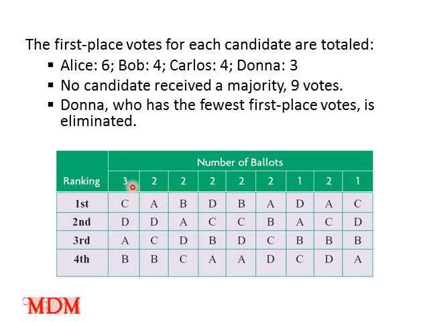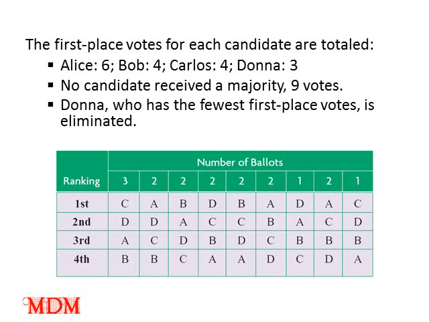Here, Carlos has 3 first place votes, and here, Carlos has 1, for a total of 4 first place votes. Donna, who's represented by D, had 2 first place votes and 1 first place vote, giving her a total of 3.